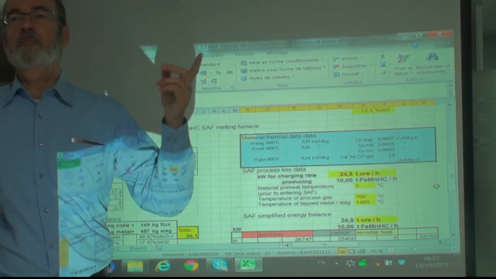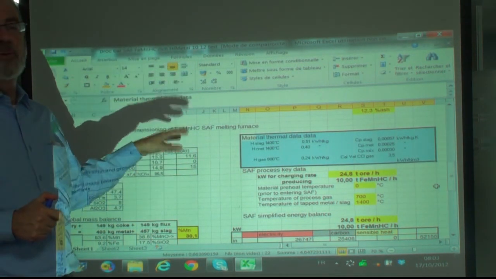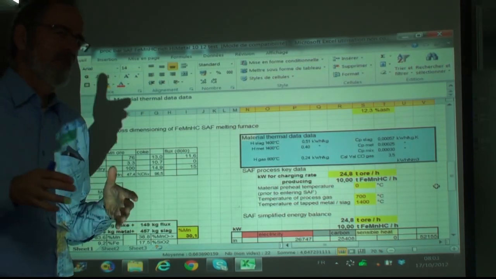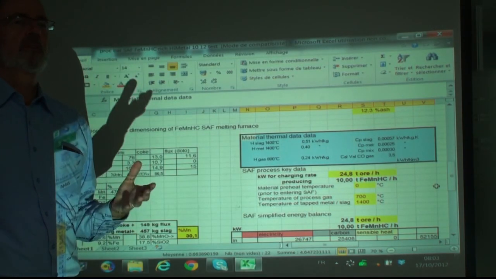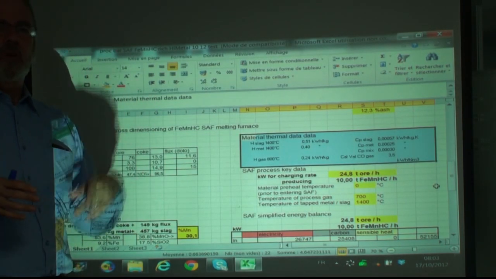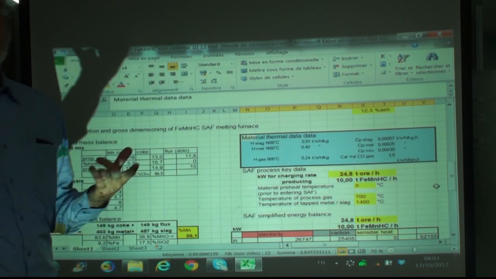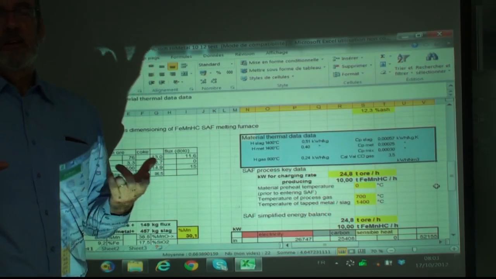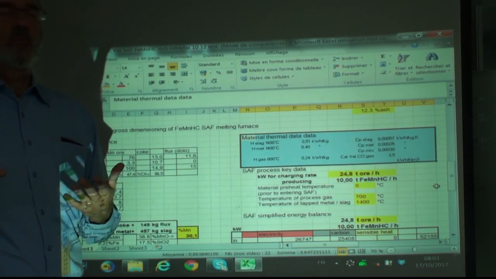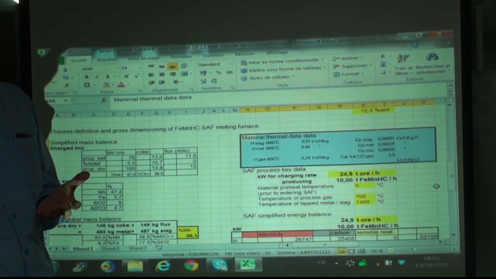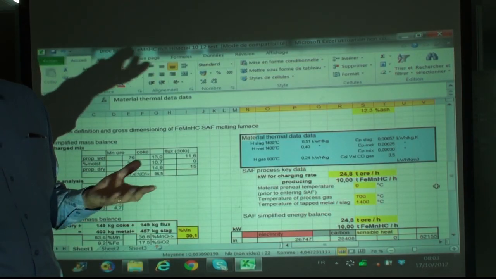Because it's enough to do it with some inaccuracy. Of course, you cannot have very inaccurate data, but on site the charging weight is measured with an accuracy of how much? At least 1%.